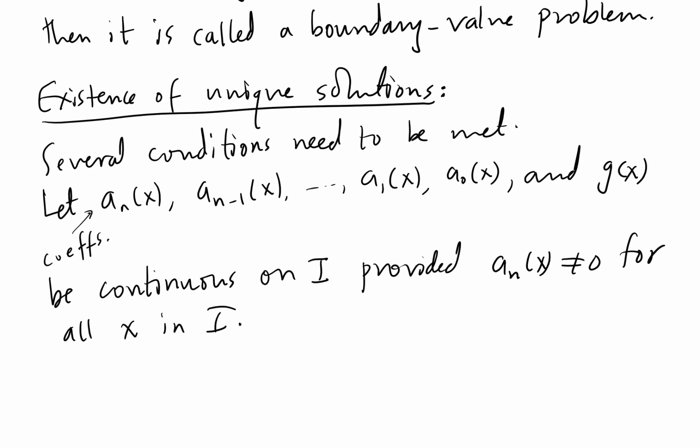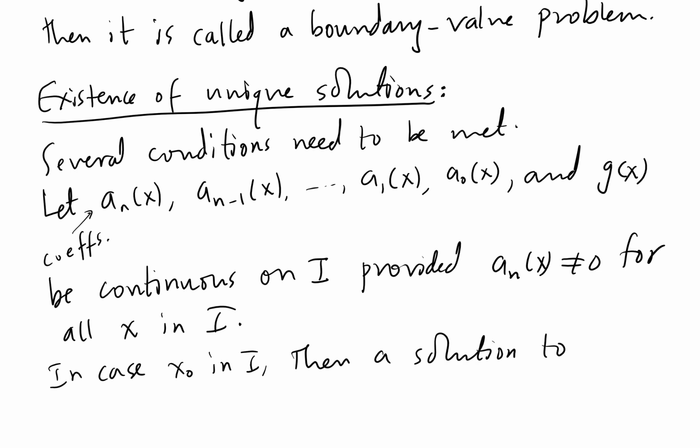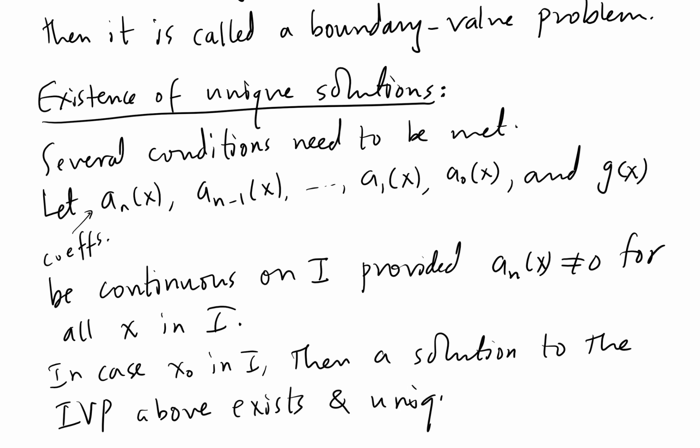So in case x0 is in I, then for the IVP above, the solution exists and is unique on I.